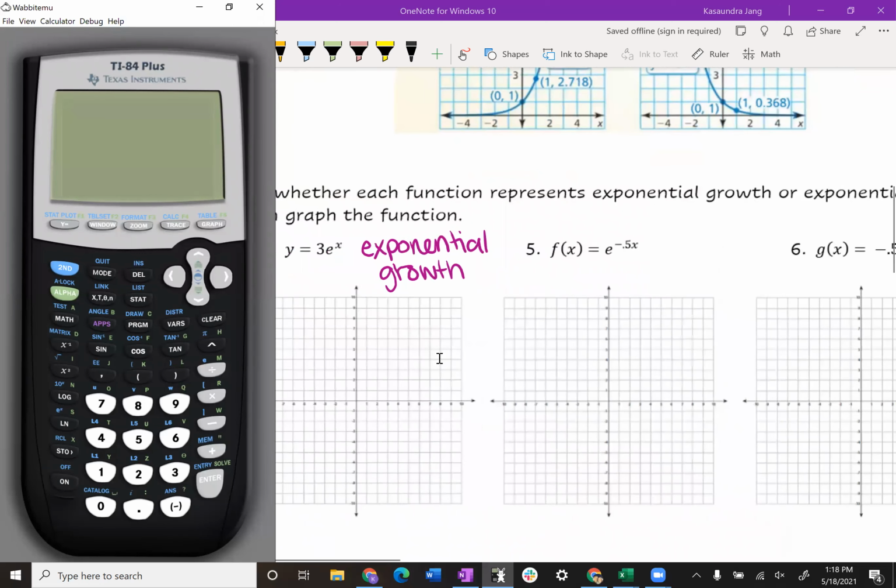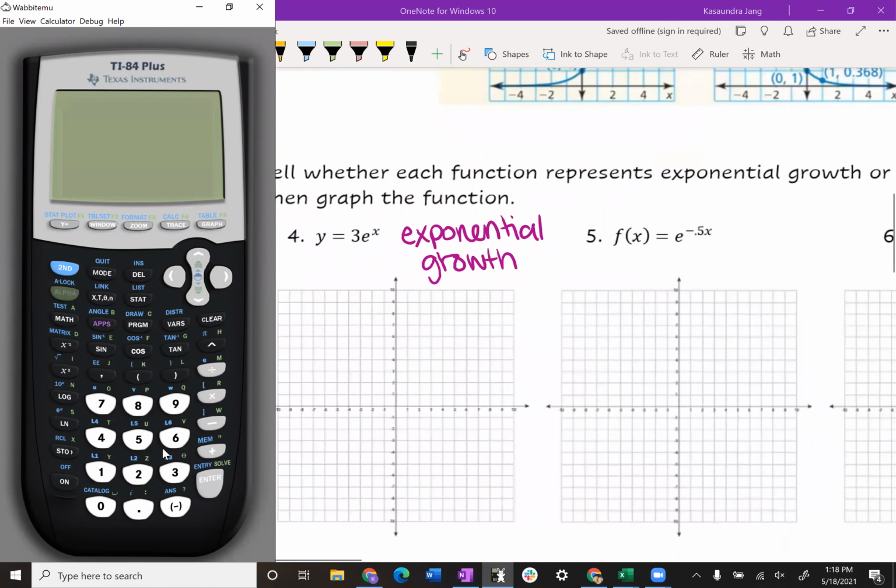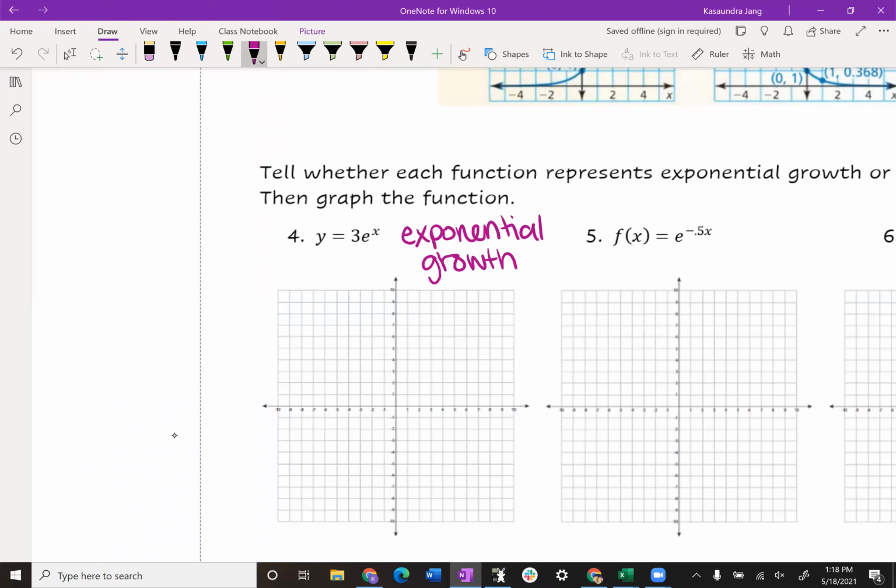So 3 times e to the, maybe I'll plug in a -1. Okay, messy. But I put a -1 in for my x, and I got about 1.1 for my y. So in my XY chart here, I plugged in a negative and got about 1.1. So there's that point.